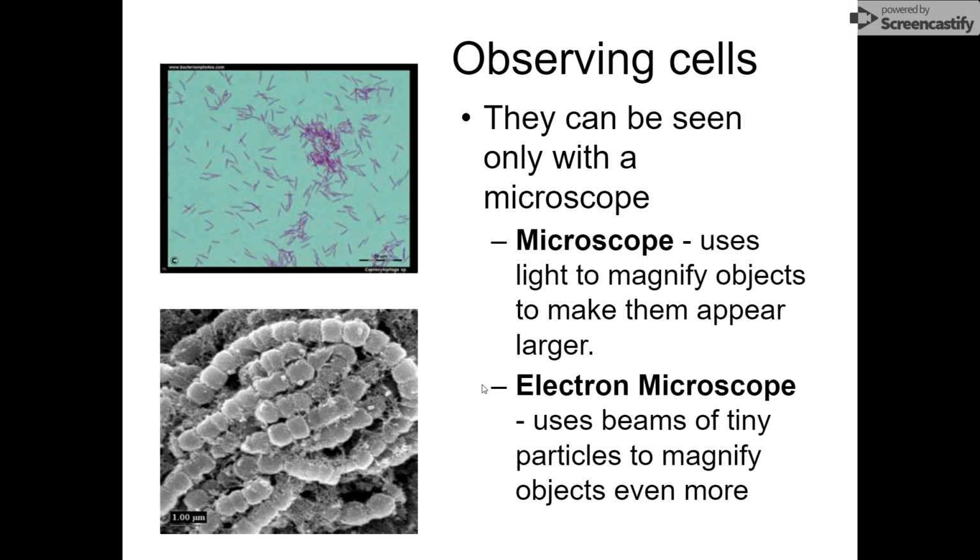When you get really fancy lab equipment, like Bradley University, I think, has one of these, you have an electron microscope. This uses beams of tiny particles to magnify objects even more. So you can see this picture here and this picture here. The bottom one is an electron microscope. It is much more detailed.